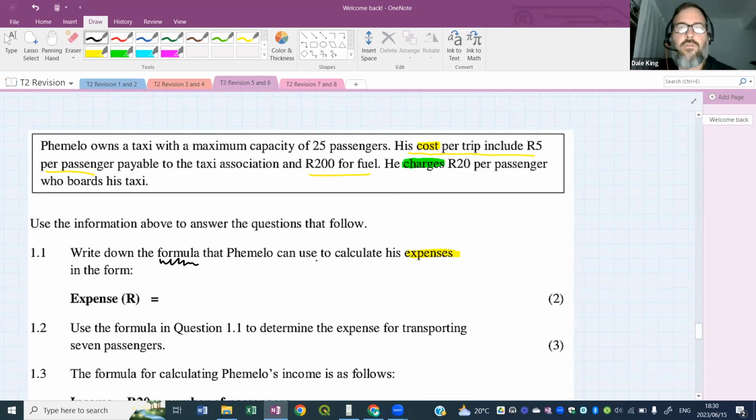Anybody brave enough to help me build this formula? Anybody? Somebody?